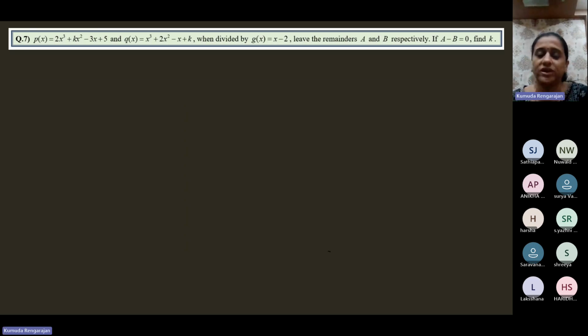What's the expression for A? Ma'am, A is equal to 2x cube plus K x square. Oh, you're reading out all the steps. Okay, A is equal to 2x cube plus kx squared minus 3x plus 5. That's all.